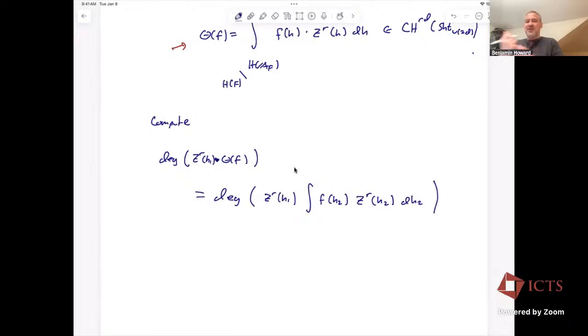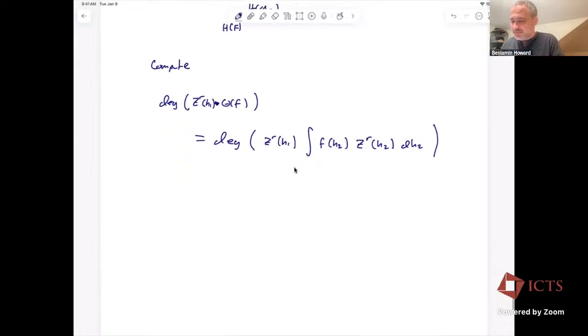And then you interchange the degree and the integral, and you get the integral of f of h2 times the degree of the generating series in one variable intersected with the generating series in the other variable. So there's an intersection here.